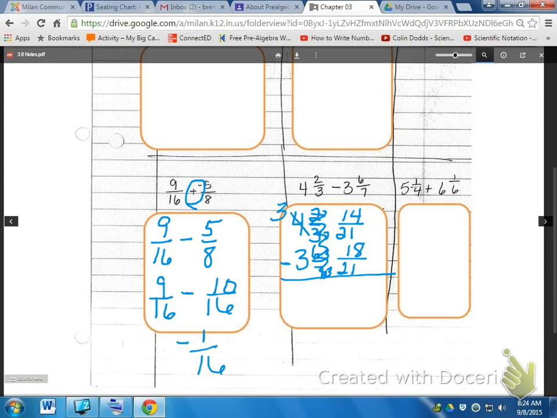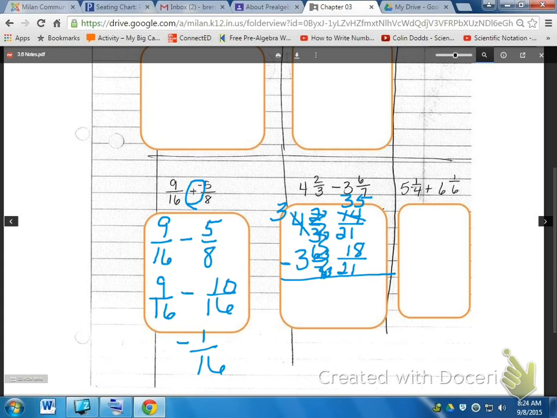Now, I don't just add a 1 and make it like 114 or 24. What you have to do, the one that you borrow can be any number over itself. But since we're dealing with the denominator of 21, the one that I borrowed is 21 over 21. That means that I'm going to add that to 14 over 21, making it 35.